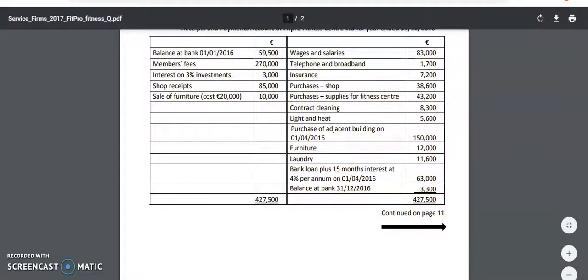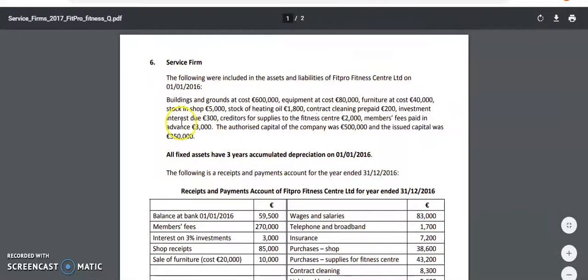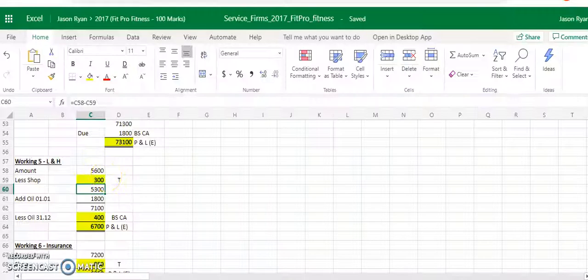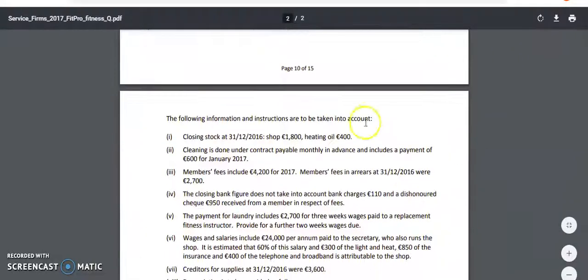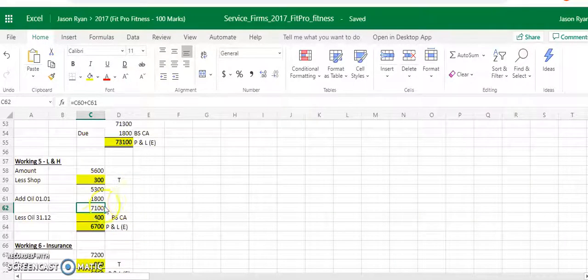We have oil at the start of the year, which is heating oil 1,800. So we add on the oil at the start because we have it, 7,100, and then take away the oil at the end, which is 400 because we've that left over. So that's going to give us 6,700 to go into your profit and loss or your income and expenditure as an expense. 400 then goes into your balance sheet as a current asset.